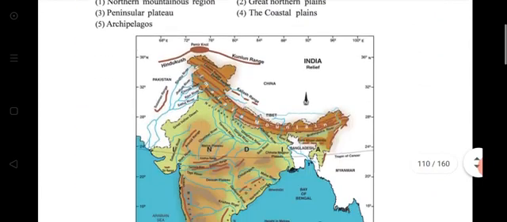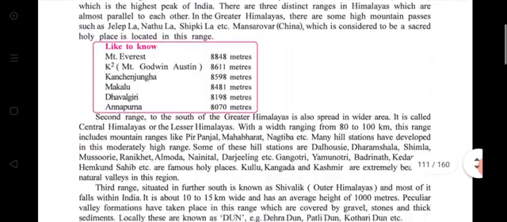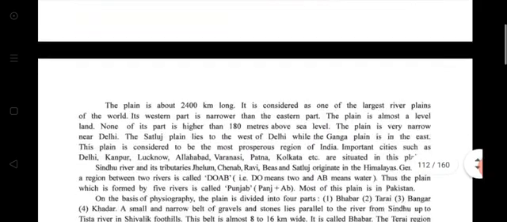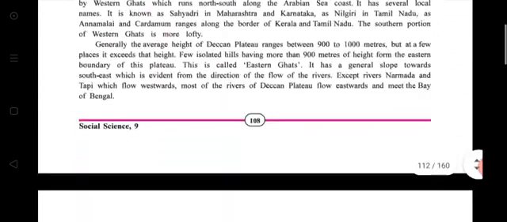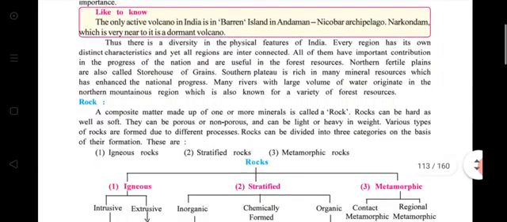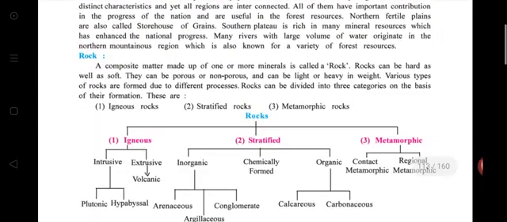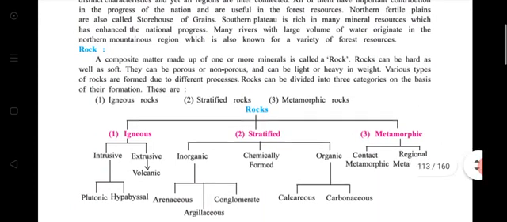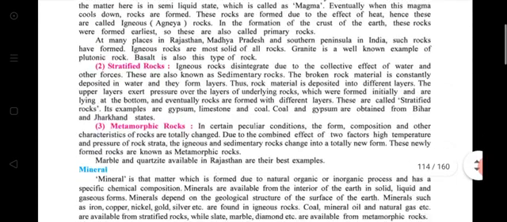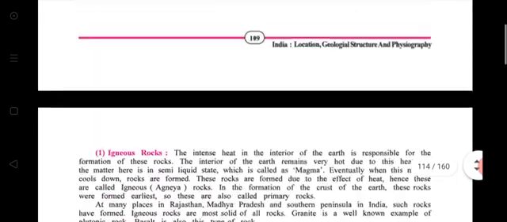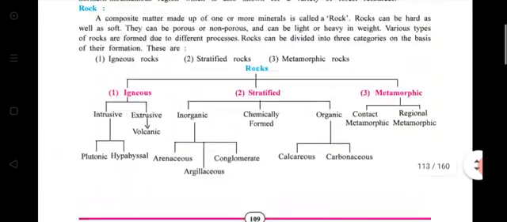So, in this chapter, we have started from page number 109. In the first lecture, we did rocks and minerals. In rocks, we learned about the three types of rocks: sedimentary, metamorphic, and igneous.